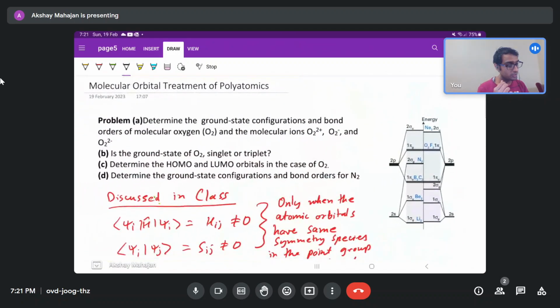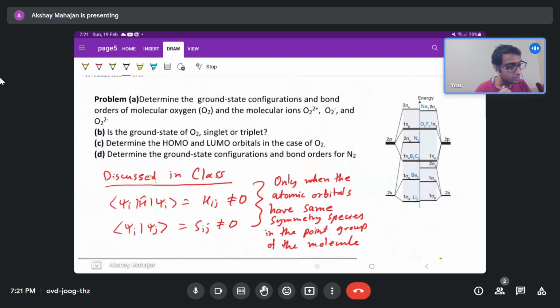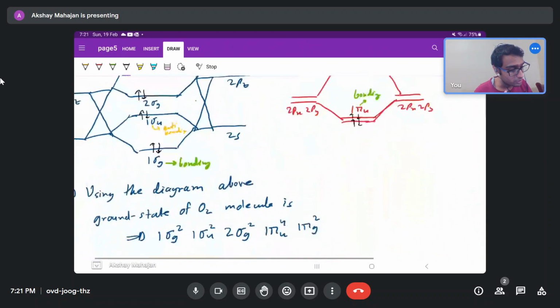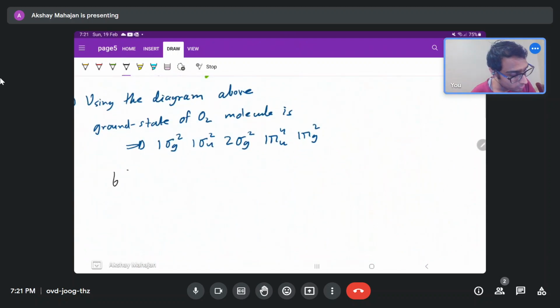And now from this only we can calculate our bond order. If we have to calculate the bond order for the O2 molecule, as you can count, we have 2, 3, 4, and 8.